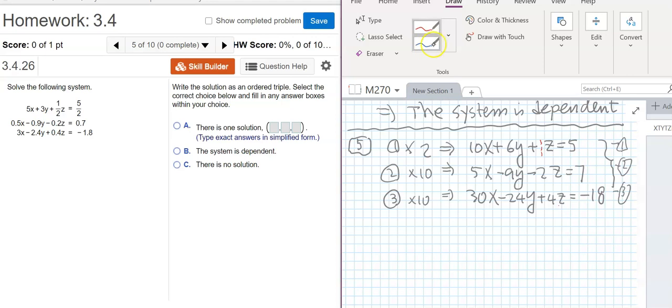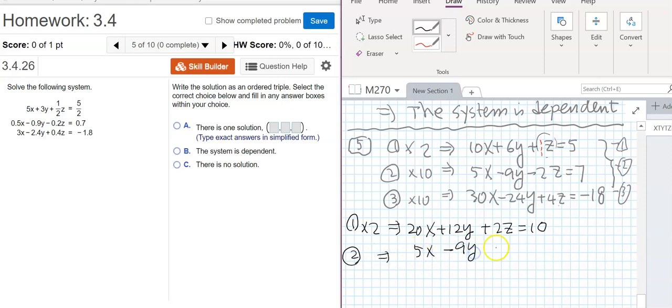So now, I'm going to multiply number 1 by 2, because I want to make this z 2z. So then 20x plus 12y plus 2z equal 10. And then number 2, 5x minus 9y minus 2z equals 7.